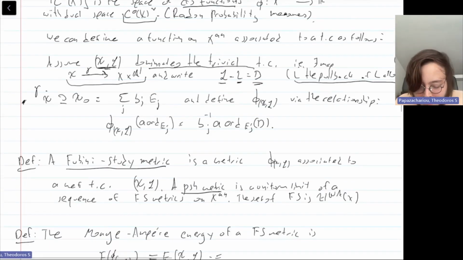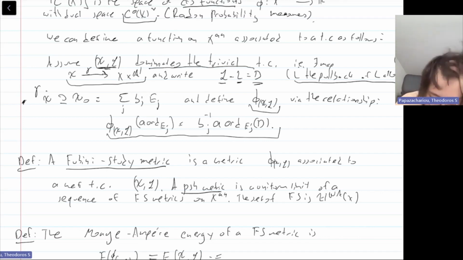And now we can define this function phi, depending on curly x, curly L, so the test configuration, via the following relationship. So you can look at what happens when we evaluate this function alongside this divisorial valuation, where if you notice carefully, this is a divisorial valuation on x, right?